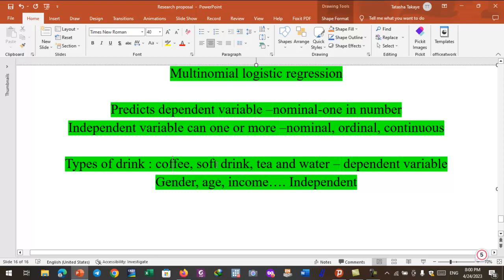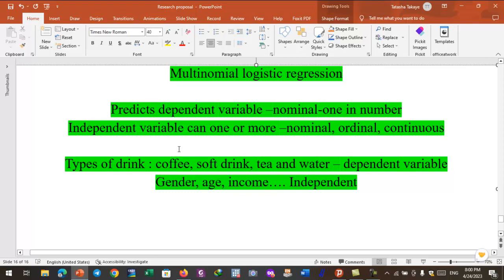He will indicate just one answer from these four alternatives.